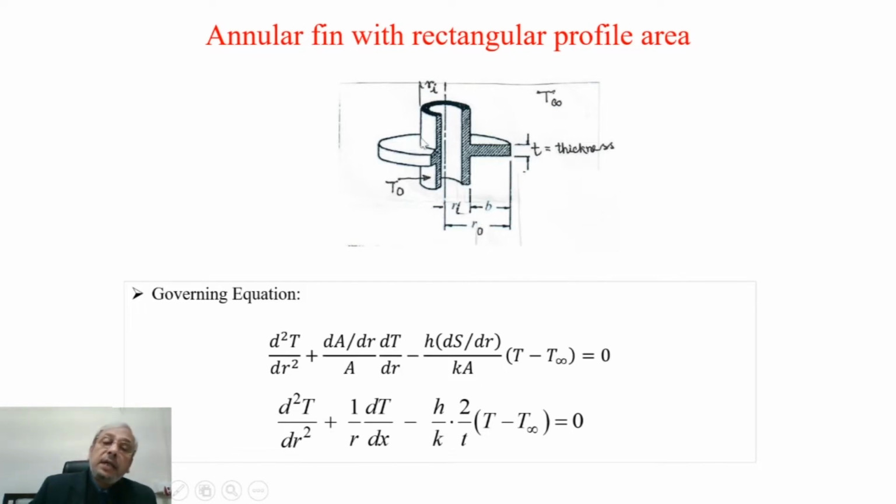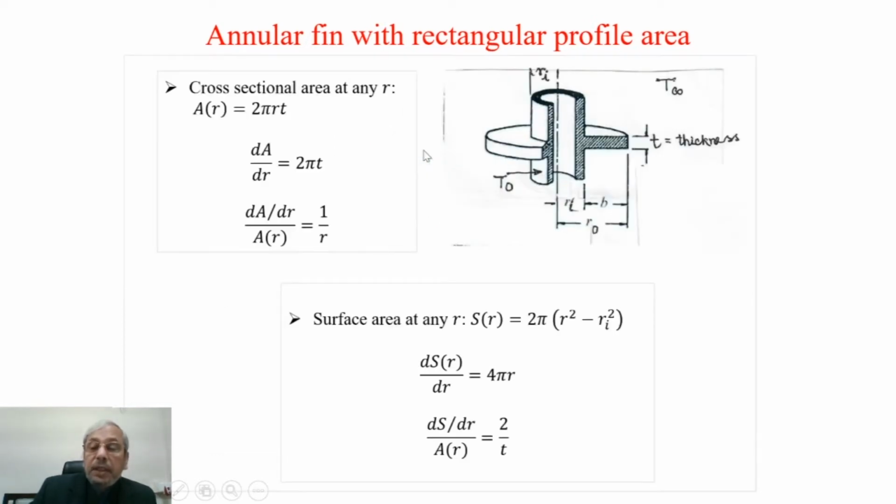So at any r, we get a top surface and a bottom surface. That's what the 2 pi (r squared minus Ri squared) is, the total surface, and that is how we calculate dS by dr divided by A, which is the cross-sectional area.